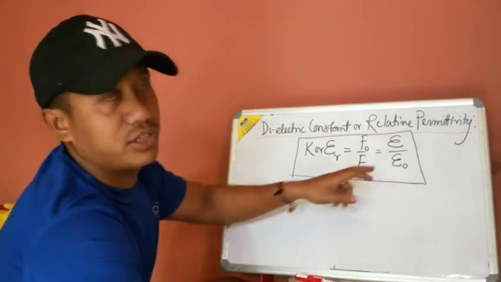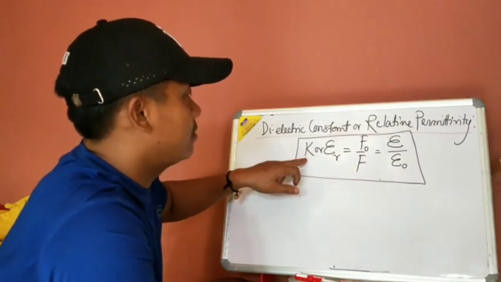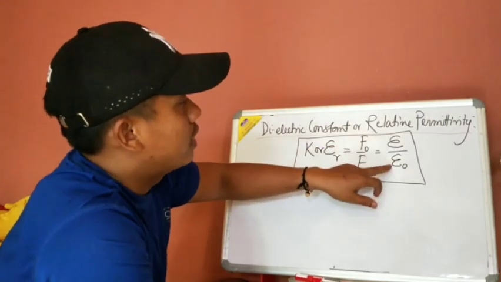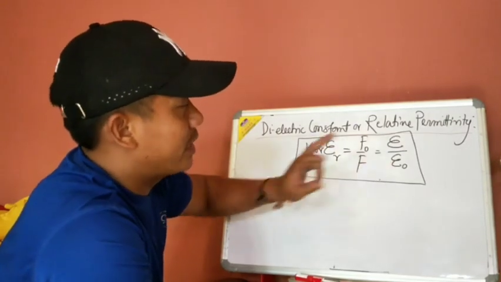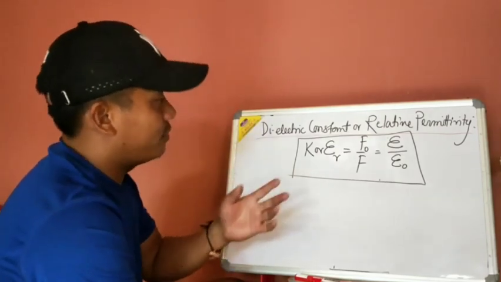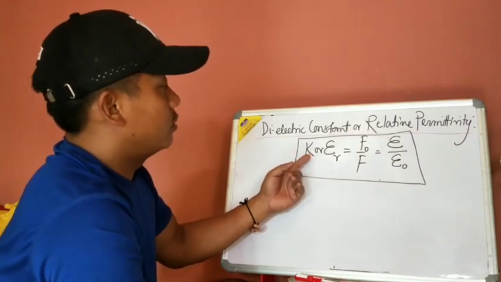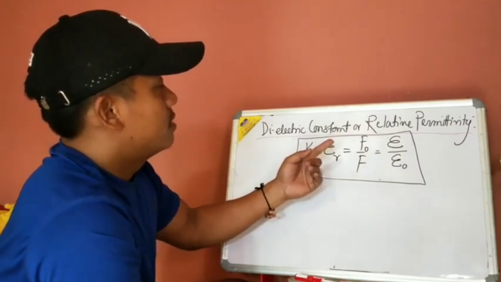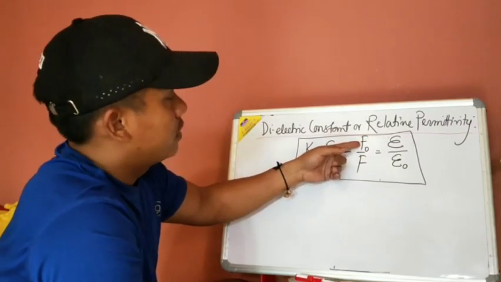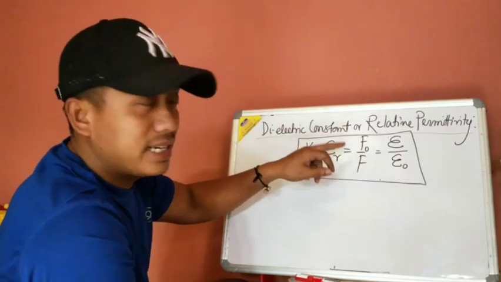The dielectric constant of a medium is equal to the ratio of the absolute permittivity of the medium to the absolute permittivity of free space. And the previous definition was that it is equal to the force between two charges in vacuum to the force between the same two charges kept at the same distance of separation in that medium.